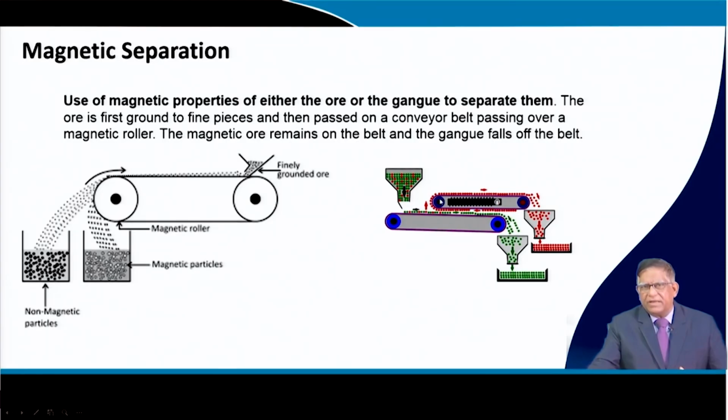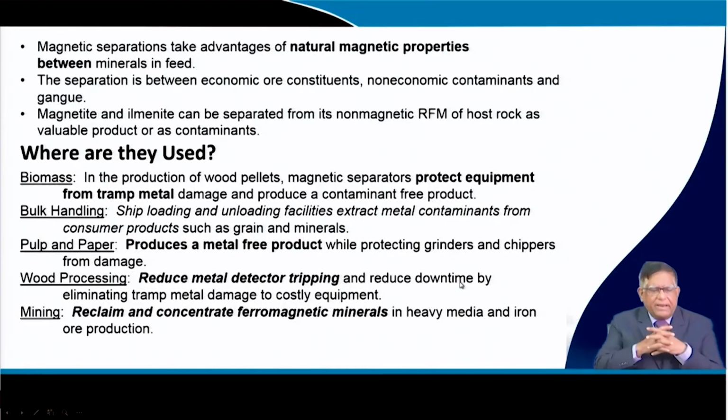This conveyor belt has a magnet here. The non-magnetic material goes on, while inside, up to here, a strong magnet is kept, so that the magnetic material gets attracted, is carried on this belt, and is discharged over here. So, this type of system can be used.